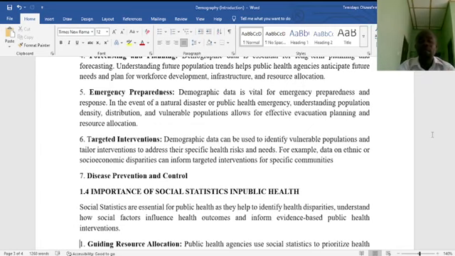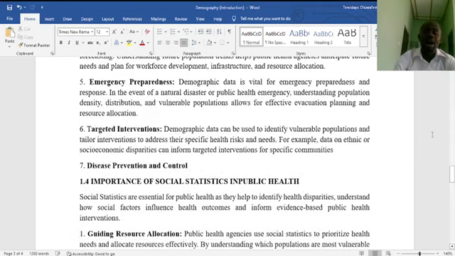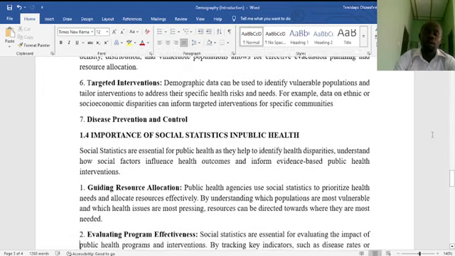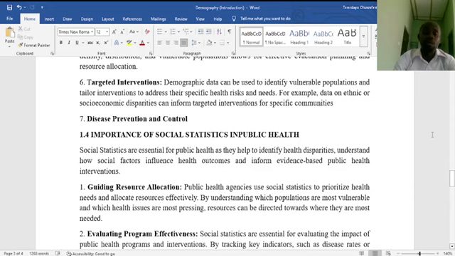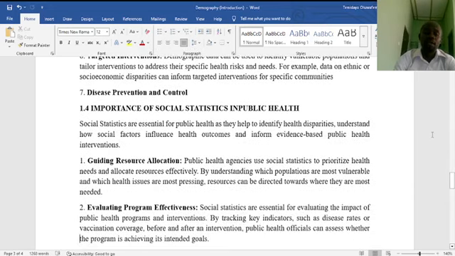Then lastly, the information from the demographic data will help in what is supposed to be done. If it's a population where they have so many pregnant women, of course, their focus will be on how to deal with pregnancy-related cases.